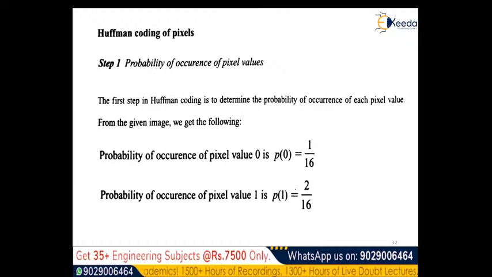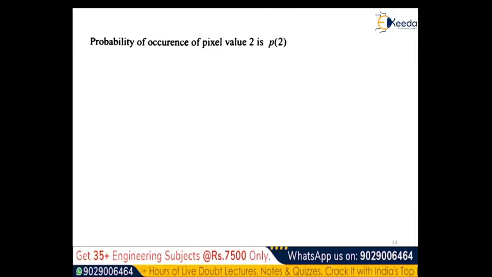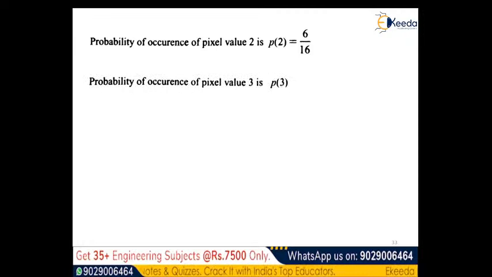Now we have another gray level, with the value 2. So the probability of occurrence of the pixel value 2, that is P of 2, is 6 divided by 16, and the probability of occurrence of the pixel value 3 is 7 divided by 16. So this way for the 4 gray levels we have the corresponding 4 probability values.